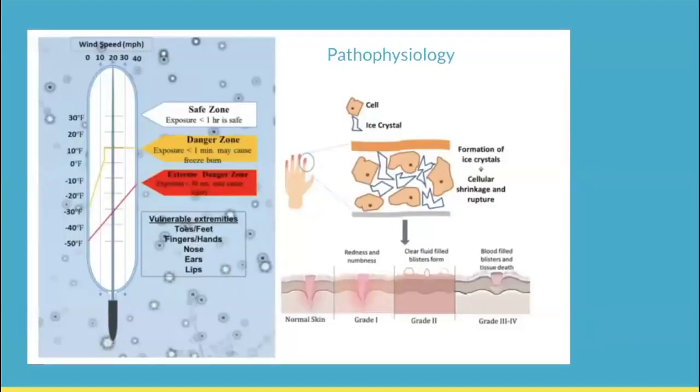So the first mechanism is the formation of extracellular and intracellular ice crystals. This disrupts cellular integrity, causing cellular shrinkage and rupture. Subfreezing temperatures lead to ice crystals extracellularly, and then when you have rapid freezing, you can have ice crystals actually forming within the cells.